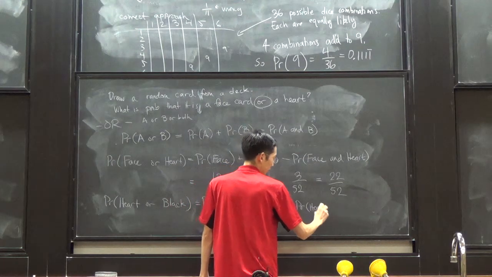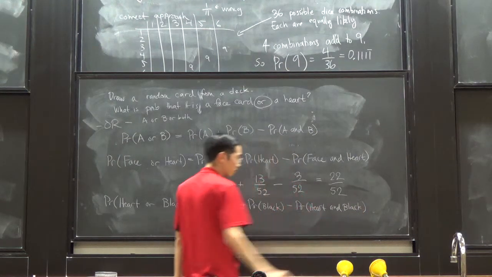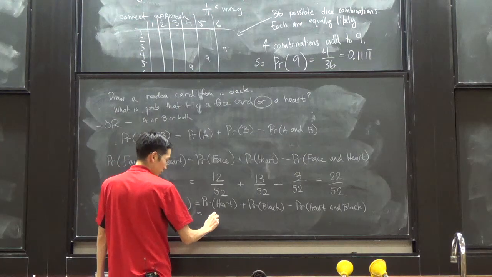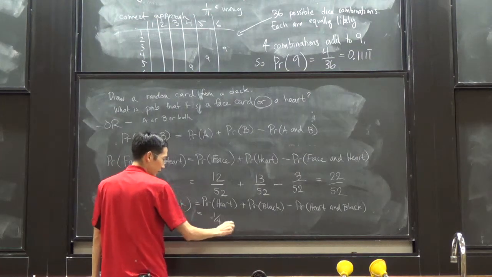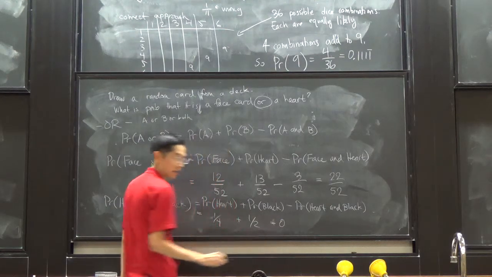The probability of a heart plus the probability of a black card minus the probability that the card is both heart and black. And what is the answer here? This is 1 out of 4 plus 1 out of 2 minus 0.